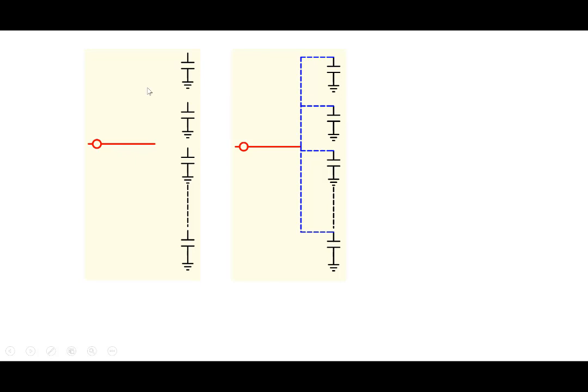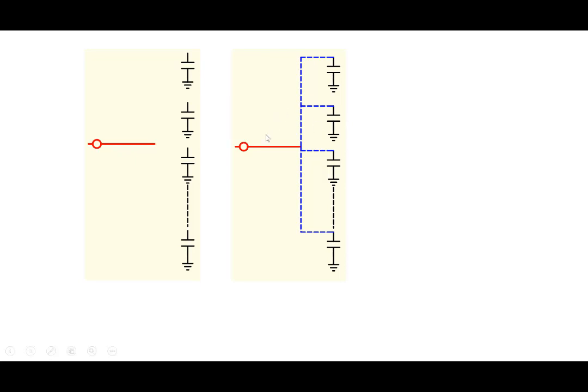Let's say one pin comes out of the memory, and through this pin you want to read or program all of these capacitors. If we directly connect them, you're shorting all the capacitors together. If 1 is stored here and 0 is stored here, they'll all mix up and you lose the data. So obviously you can't do that.